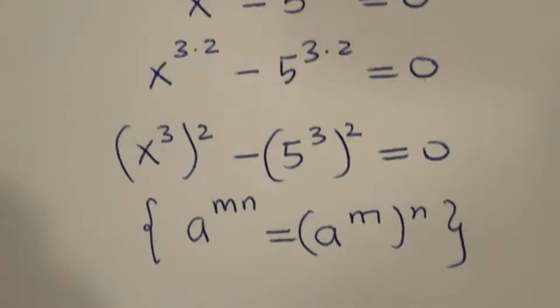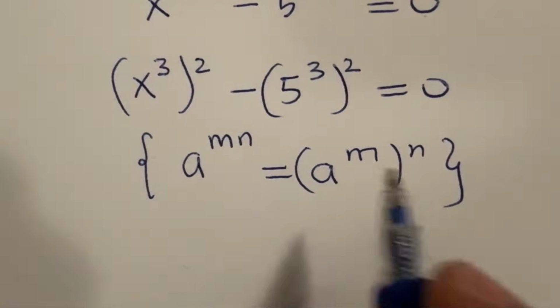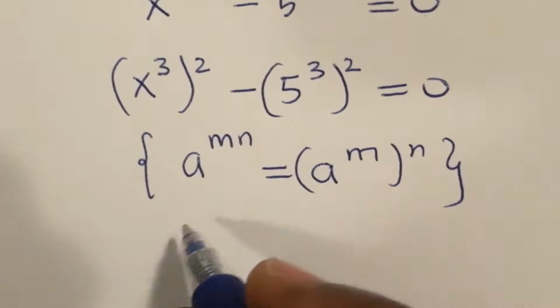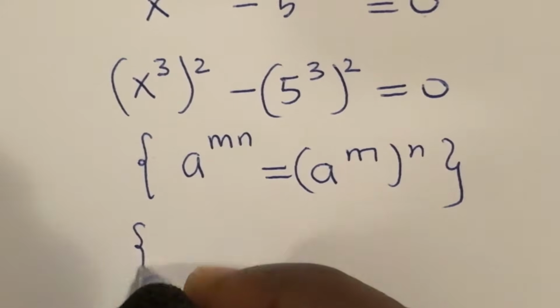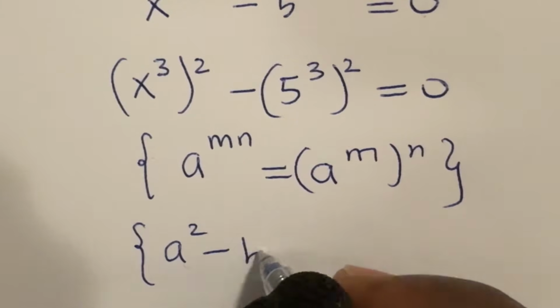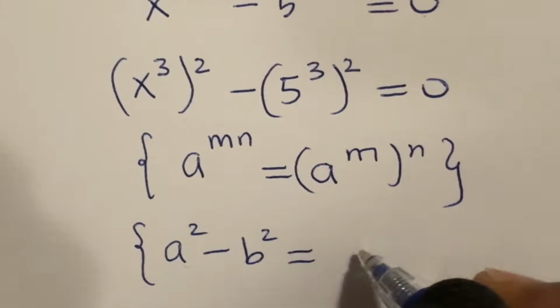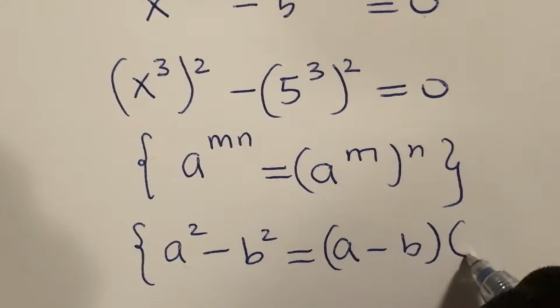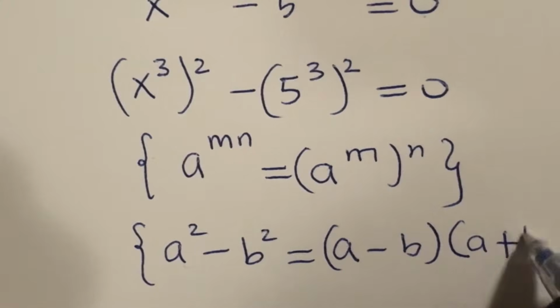So with that in mind, we can see the equation as difference of two squares, and difference of two squares can be factorized. For instance, if we have a squared minus b squared, you can factorize this as a minus b times a plus b.